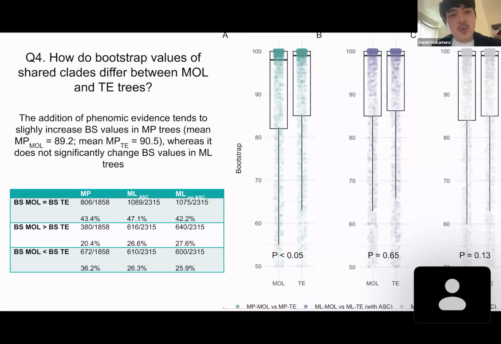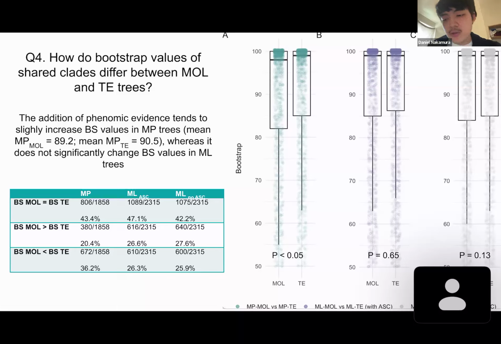The fourth question was, how do bootstrap values of shared clades differ between molecular and total evidence trees? In parsimony trees, the bootstrap values of total evidence trees are slightly higher than those from molecular trees.